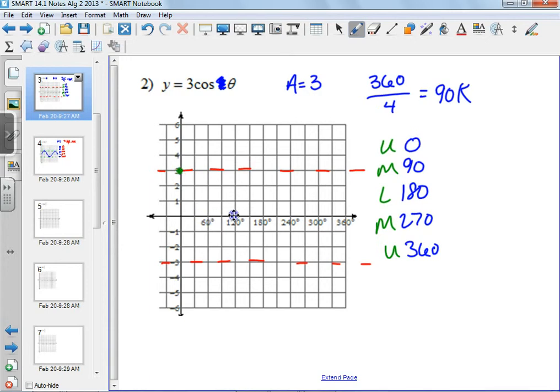At 90, uh-oh. What are these counting by? 30s, how annoying. Okay, can you tell where 90 is? Right here. And then 180 is right here, lower. 270 would be right here. And then 360 would be right there.